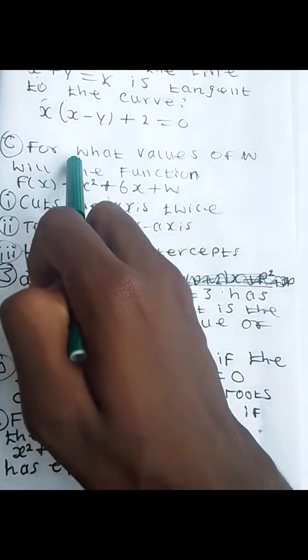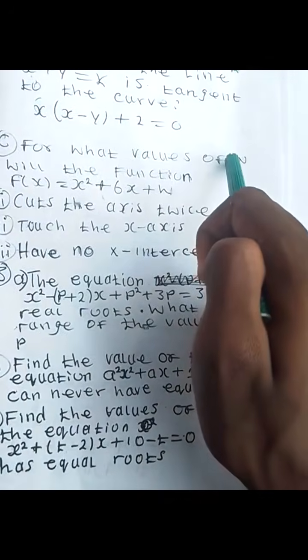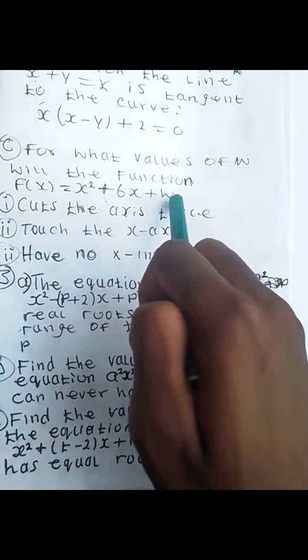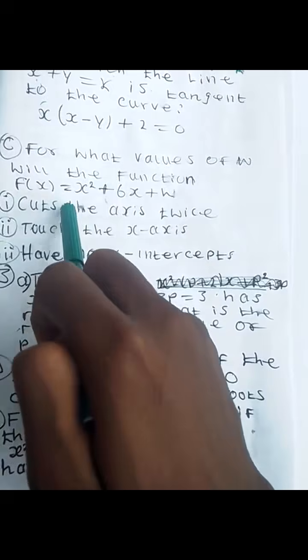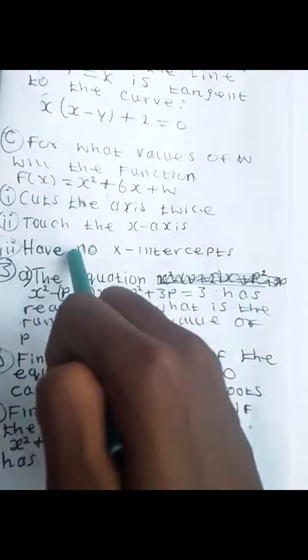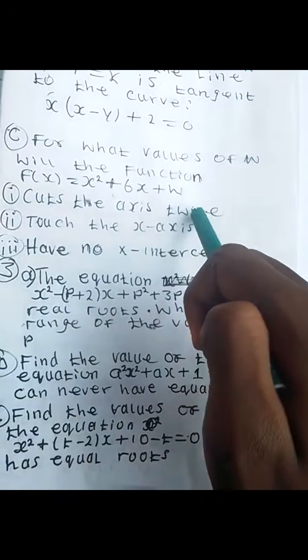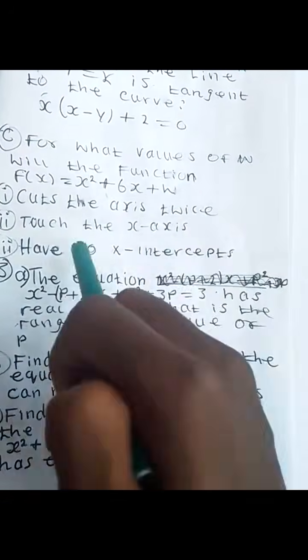So basically they want you to find the value of w in this equation for each of these conditions: the first condition, second condition, and third. You're going to find w using the same equation when it cuts the axis twice, when it touches the axis, and when it has no x-intercept.